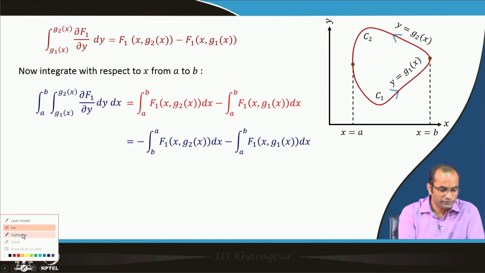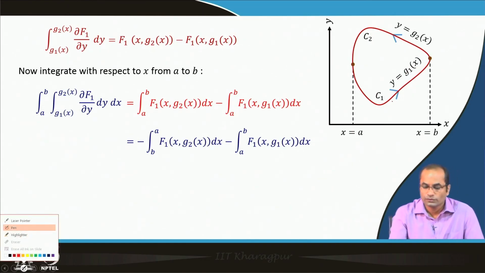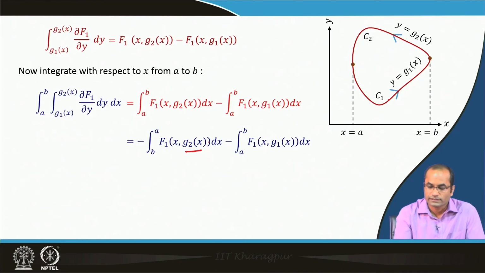If we look at the figure now, this g2 x varies from b. So, this was x is equal to b, and then we are going in this direction up to x is equal to a, and the y is replaced already with g2 x. That means we are integrating over this curve C2.